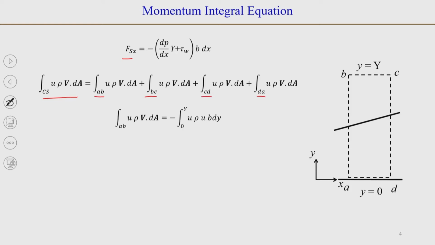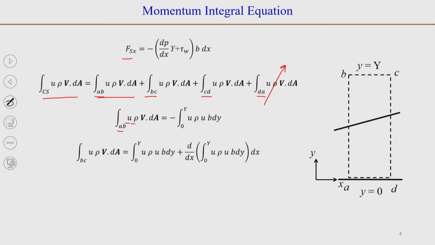Now, we can see that on surface DA there is no flow from this surface, so this flux is going to be 0. Let us start with surface AB. On the surface AB, we will have u rho V dot dA. Now, u is the velocity, rho into V dot dA.